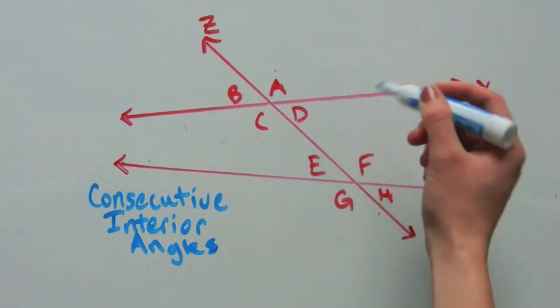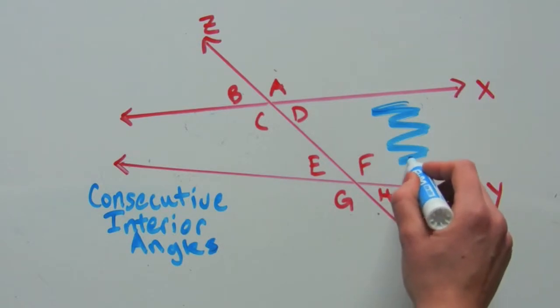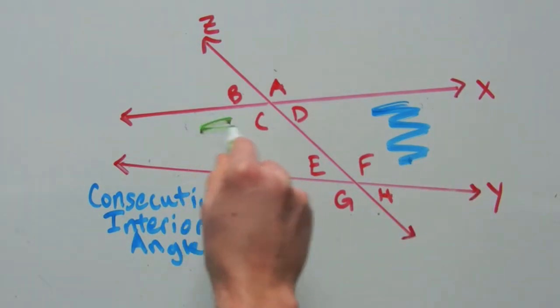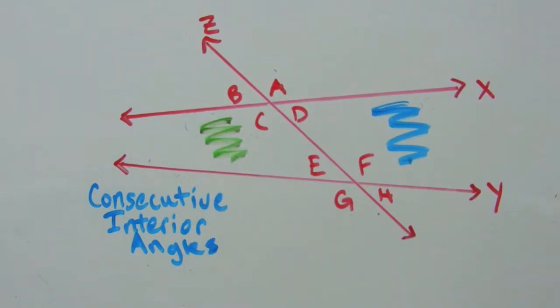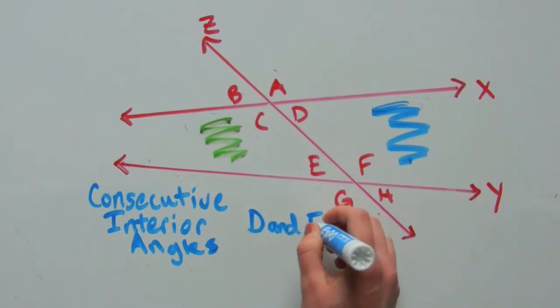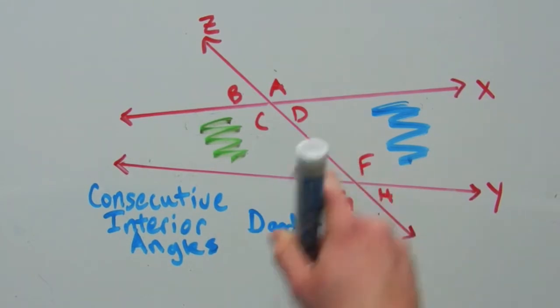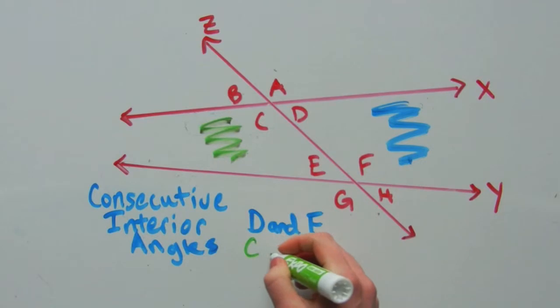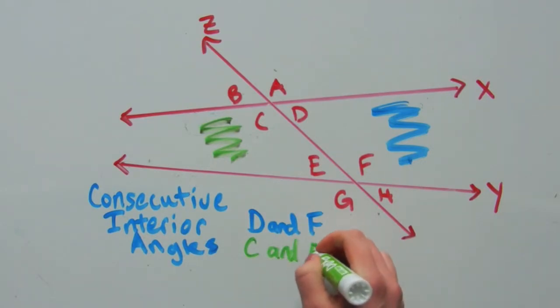So, for instance, this is one side of the transversal, and there's angles on this side of the transversal as well. So we're going to have 2 pairs. D and F are consecutive interior angles, as well as C and E.